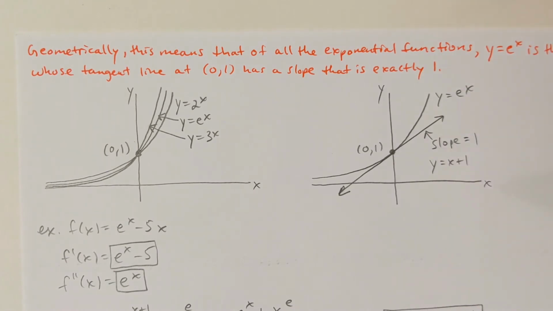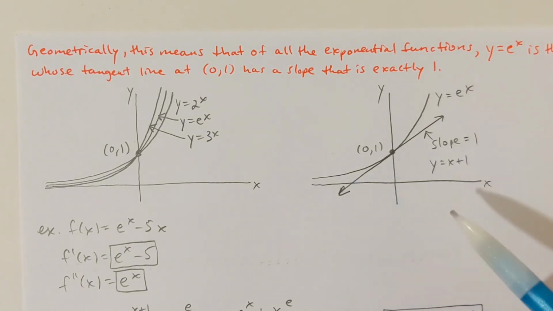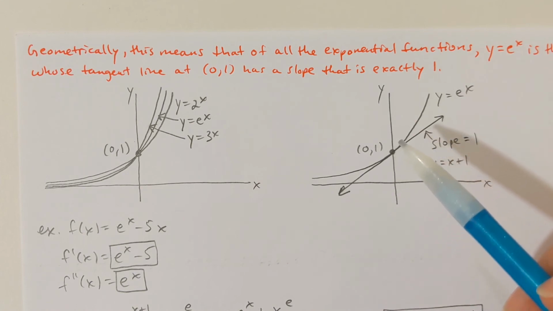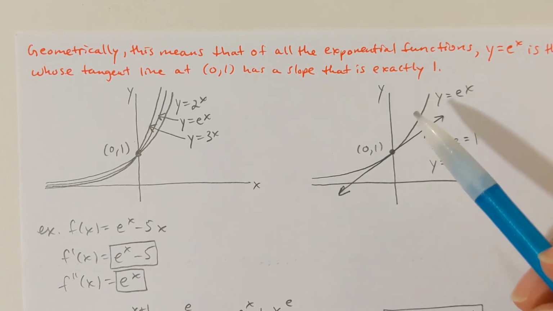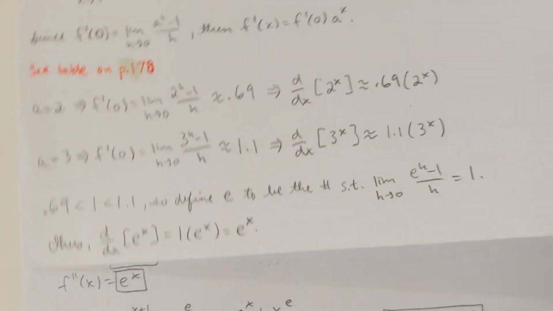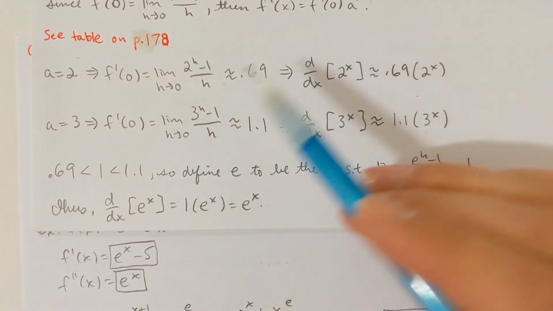Y equals e to the x would be the only one whose slope of the graph at 0, 1 is exactly 1. Any other exponential, y equals a to the x, is going to have a slope of the graph that is some other number, not exactly 1. Okay, so like with y equals 2 to the x, the slope of the graph at 0 is roughly 0.69.